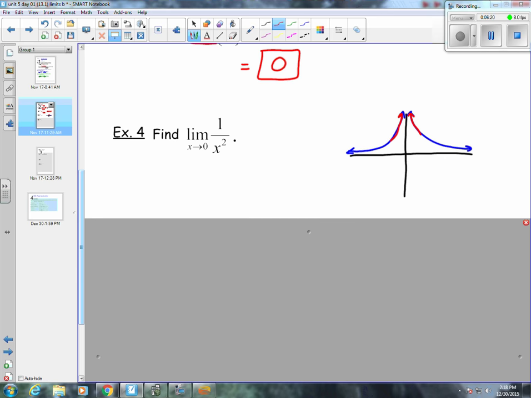And since infinity is not a finite number, we would say that this limit does not exist. But I'm not satisfied with that answer because we can be a little more explicit as to what we mean by does not exist. And so in this case, since from the left and from the right, it's approaching positive infinity, I would like you to write the limit is equal to positive infinity.